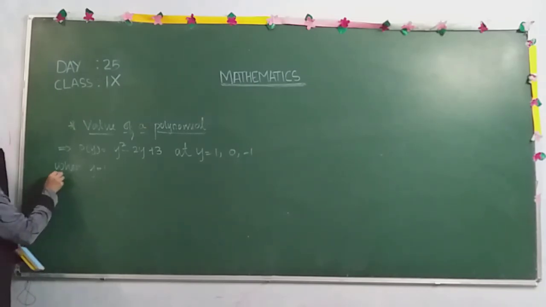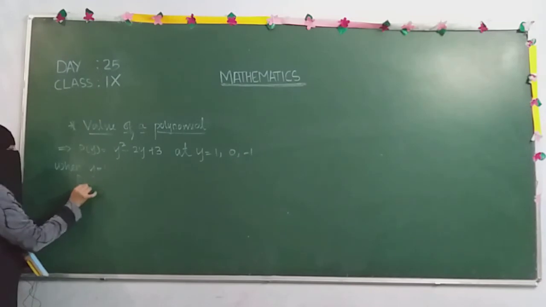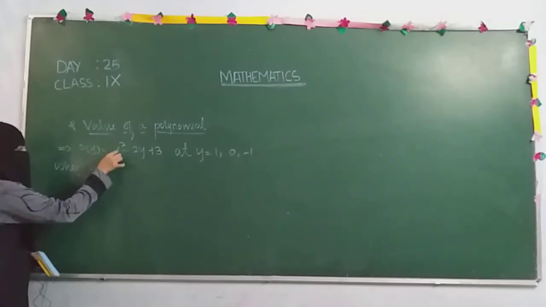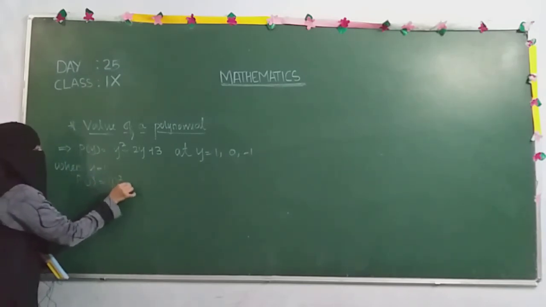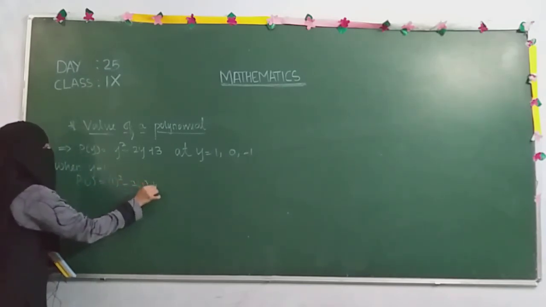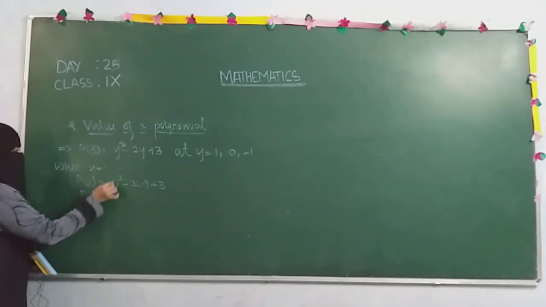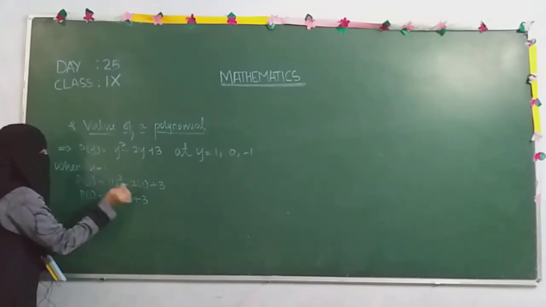So when y equals 1, what will happen to this p of y? It becomes p of 1 equals y square, where y is nothing but 1 that we have taken here. So 1 square minus 2 times 1 plus 3. P of 1 equals 1 square, which is 1, minus 2 plus 3.